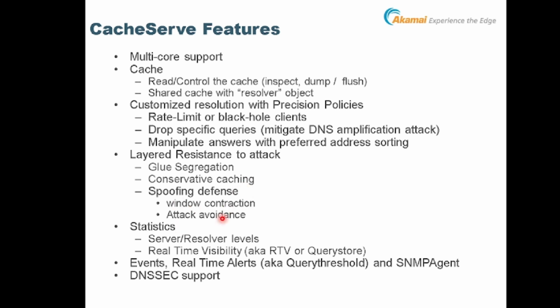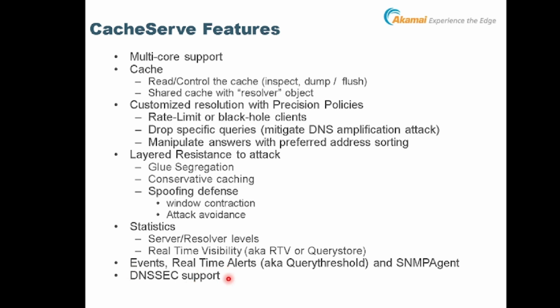And this spoofing defense will talk about how CacheServe can reduce the likelihood that spoofing is successful. There are statistics. We've already talked about the query store, SNMP agent. All of that stuff is exactly the same, so I'm not saying anything new here. I will say the DNSSEC support.